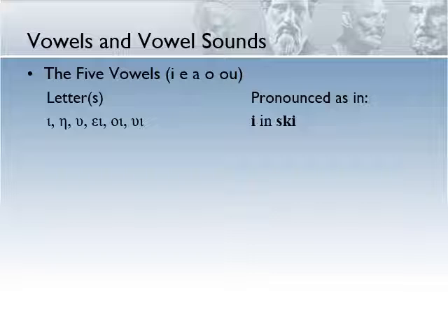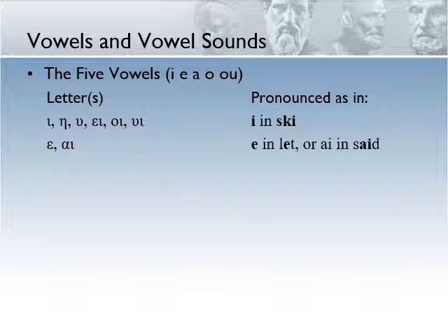And then the vowel combinations, with 2 vowels occurring together: epsilon iota, pronounced E, omicron iota, pronounced E, and upsilon iota, also pronounced E. This is your first basic vowel sound.